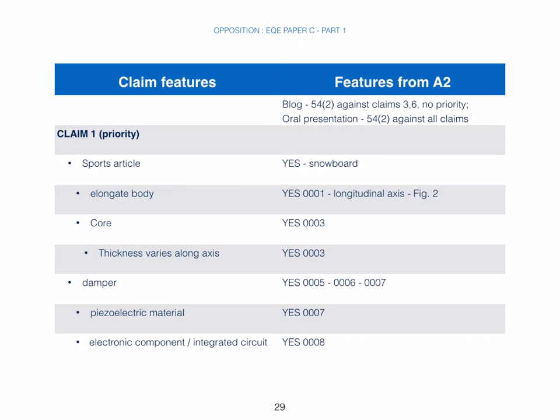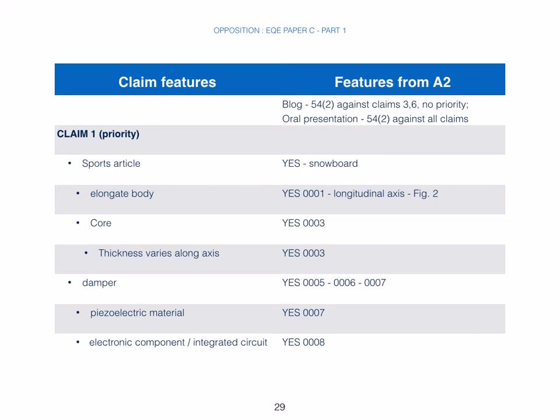The slide format is too small to illustrate the whole matrix, so we'll do it claim by claim. As A2 blog and A2 oral presentation have different publication dates, I've indicated this at the top. And then starting with claim 1, which is entitled to priority, we see as follows.